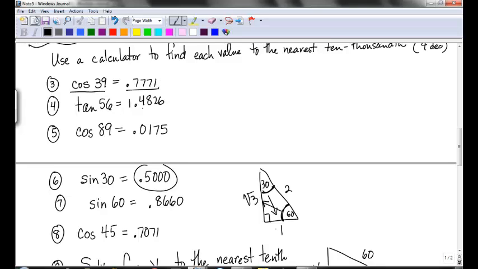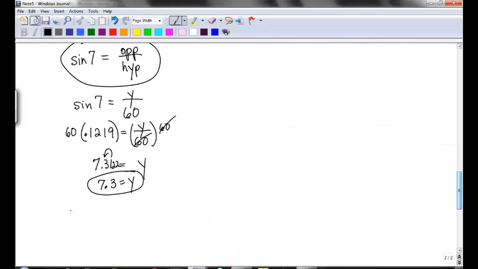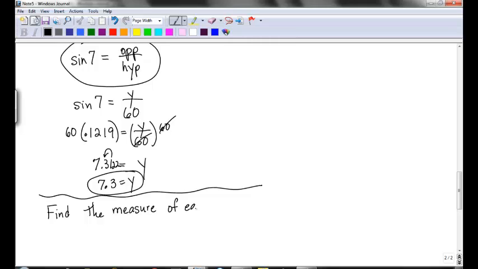Now they're going to reverse it. Okay, draw a little separator there. Find the measure of each angle to the nearest tenth.